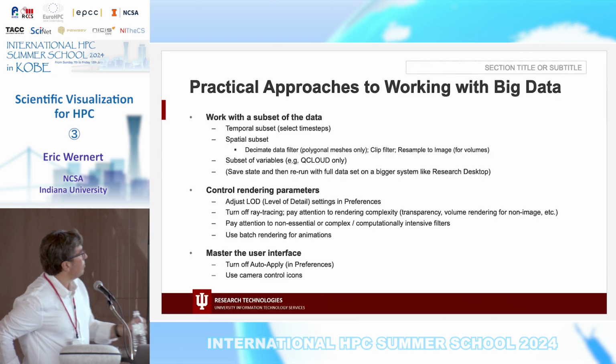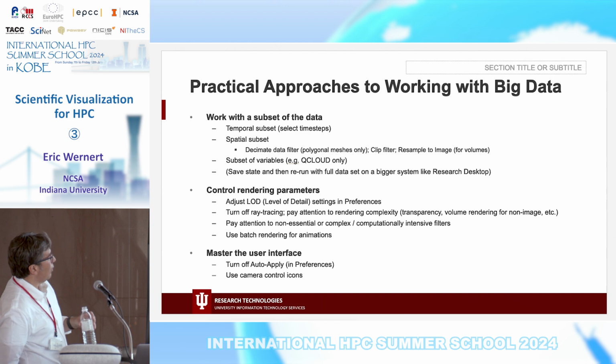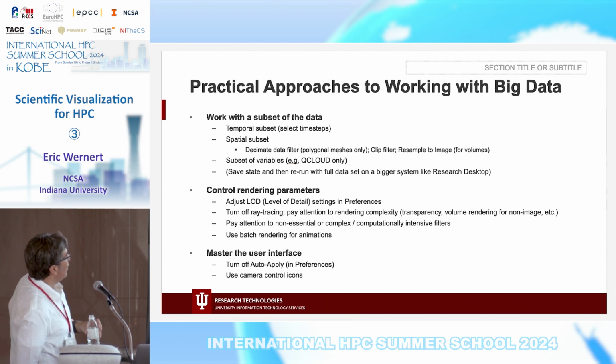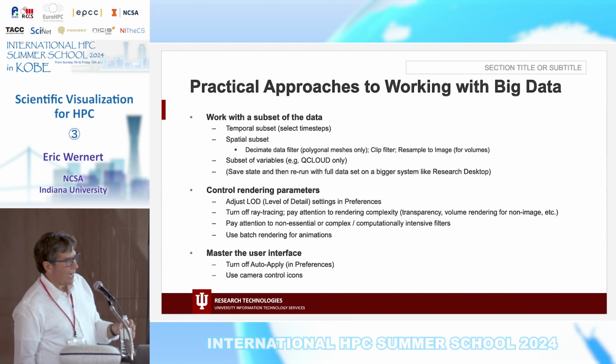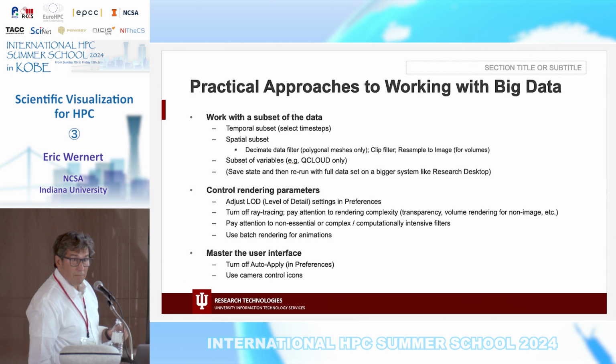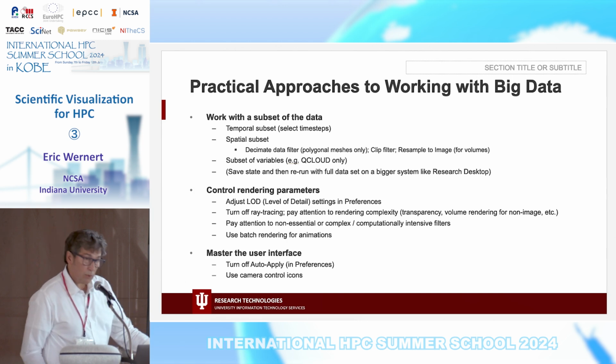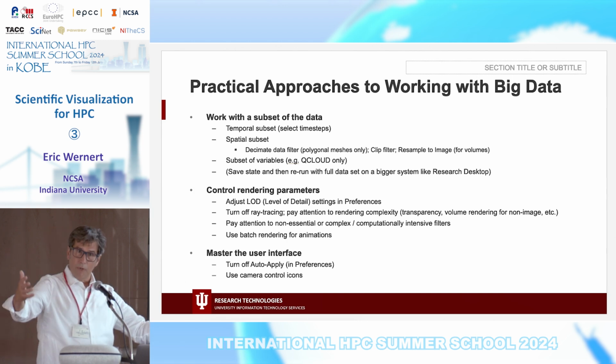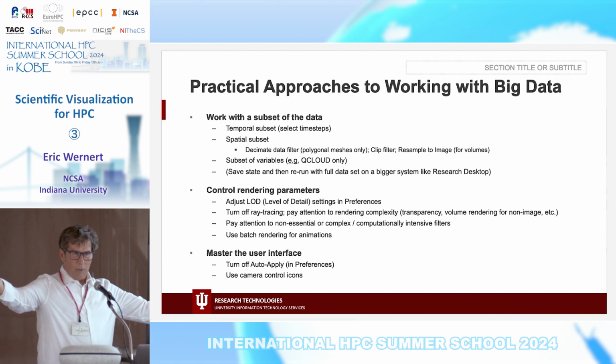And by the way, here are some practical approaches, kind of going back to human nature, coming back to our laptops and our desktops. It is possible to work with a subset of the data. This often works well, especially if you then go and bring all of your data in. So again, that nuclear pasta was thousands of steps.